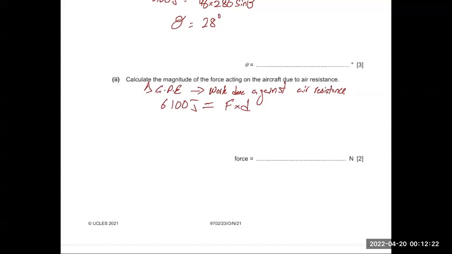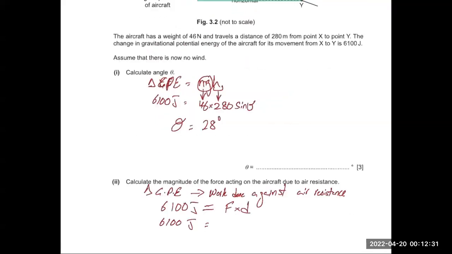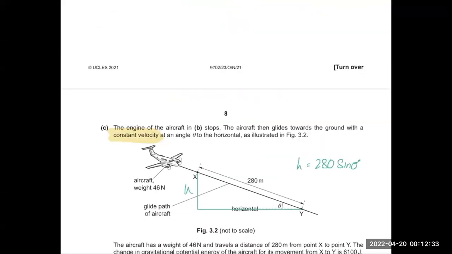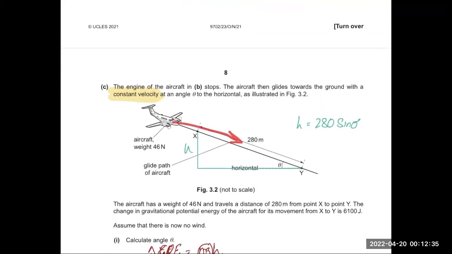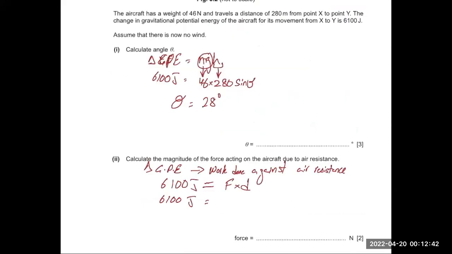Why not F minus R is equals to MA? I'll tell you why not. So 6,100 joules is equals to force. What force are we talking about? We're talking about air resistance. If the aircraft is moving in this direction, the air resistance would also be in this direction, as in the direction of this plane. So that is the force.